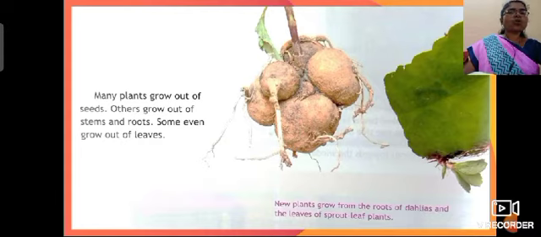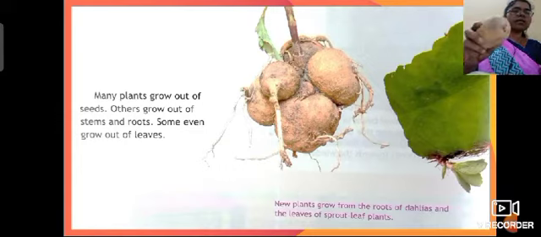Next, many plants grow out of seeds. Others grow out of stems and roots. Some even grow out of leaves. You can see here an old potato. It has started growing, and it has a little stem here.